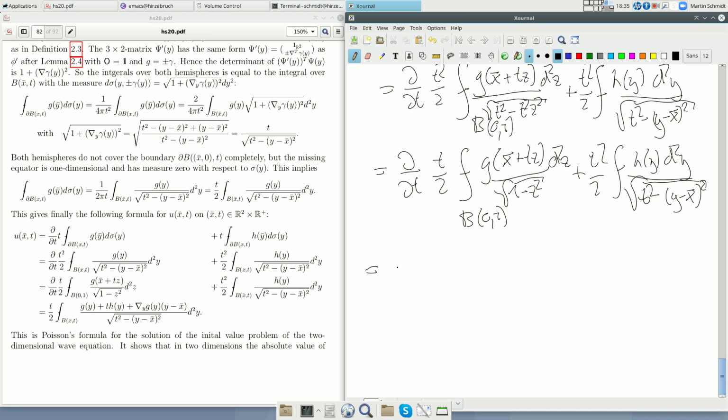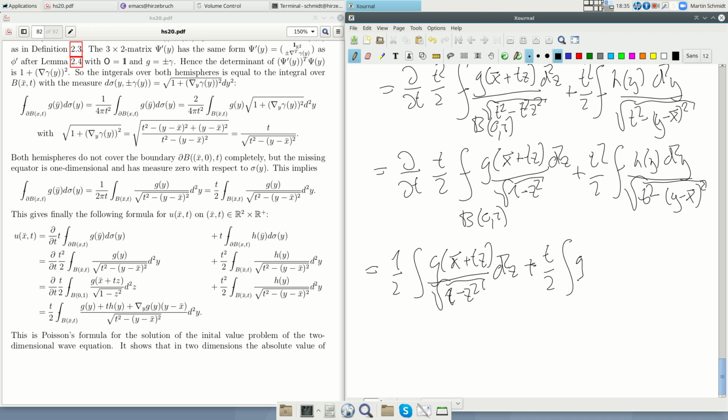This is, of course, 1/2 g of x bar plus tz, 1 minus z square dz, and the other term plus t over 1/2, and then we can put the derivative into the integral and calculate it.